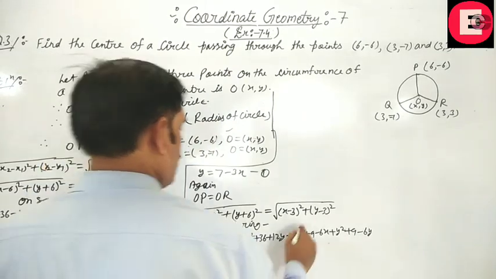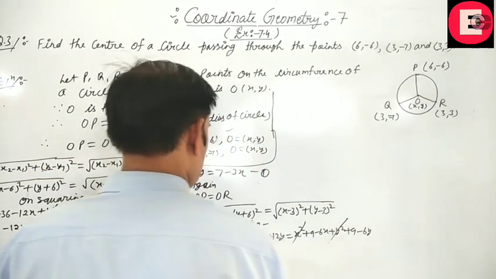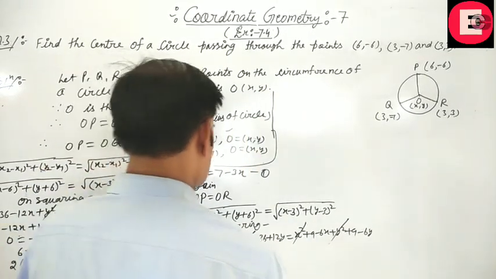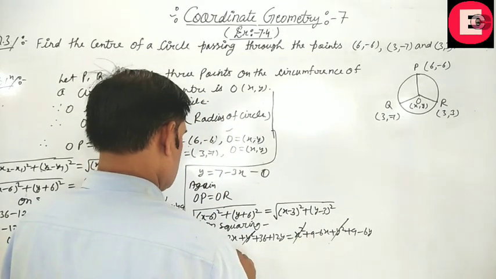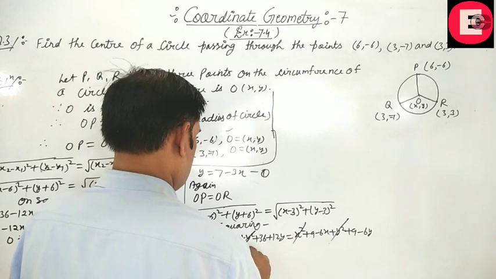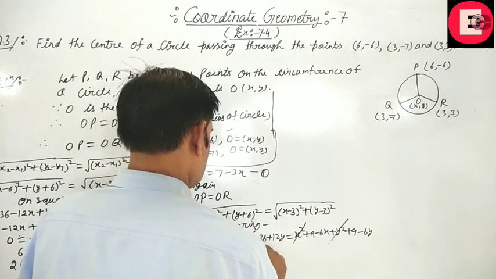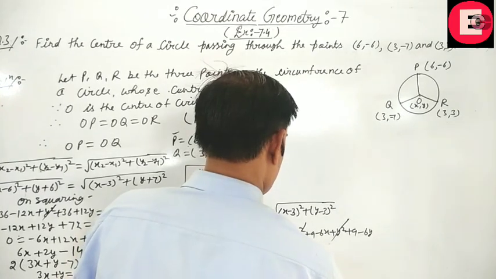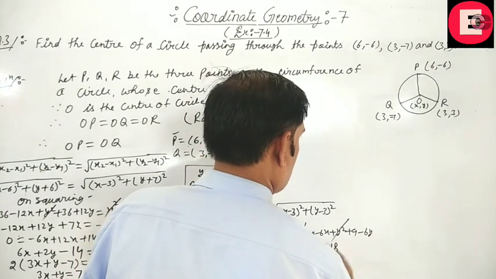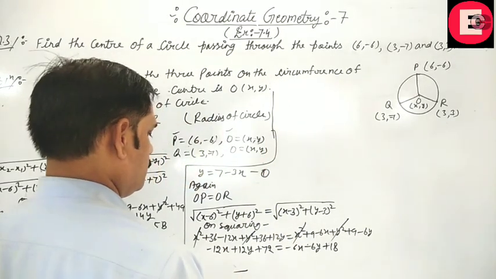The x square and y square will be cancelled. Then minus 12x plus 12y plus 72 is equal to minus 6x minus 6y plus 18.